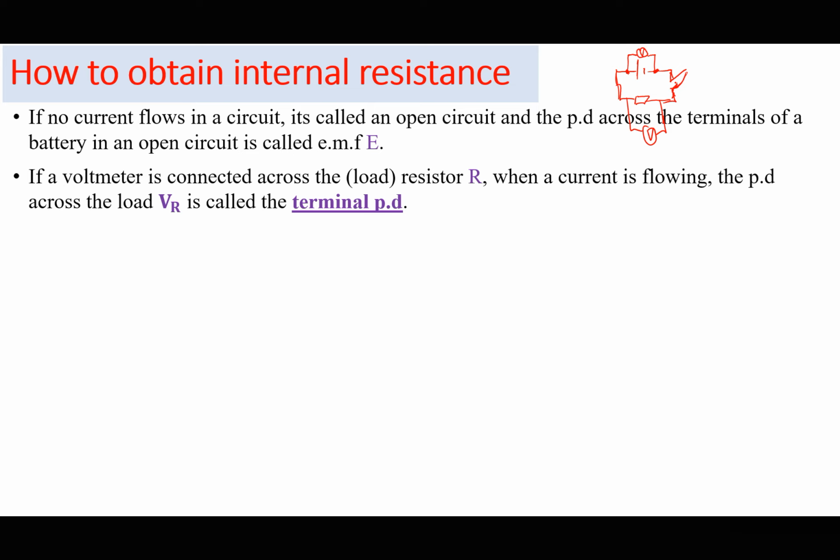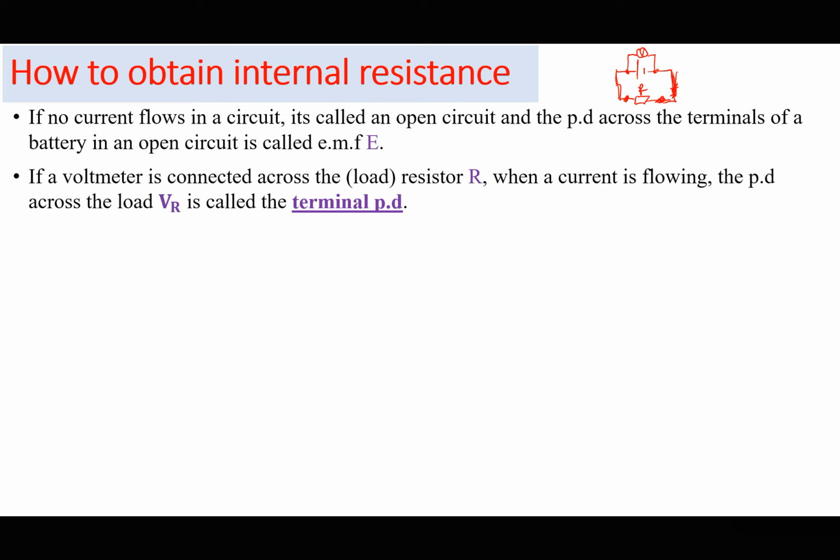So, if a voltmeter is connected across a load or a resistor, when a current is flowing, the PD across the load is the terminal PD. So, the reading it gives when the switch is closed is no longer the EMF. Even if I don't transfer the voltmeter to this position and I leave the voltmeter in its original position, as long as the switch is closed and the battery is supplying a current, the reading of the voltmeter is going to be less than the EMF.